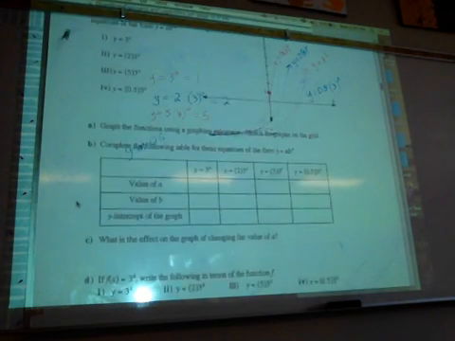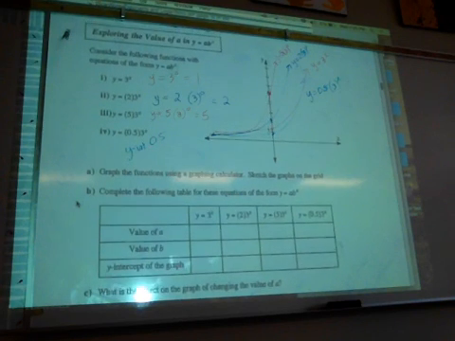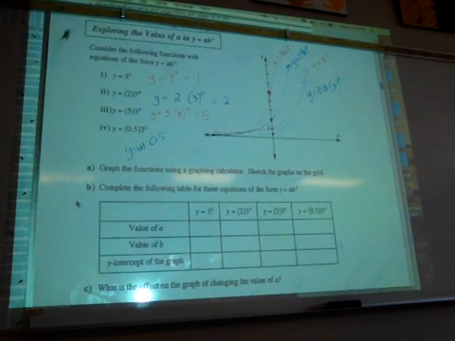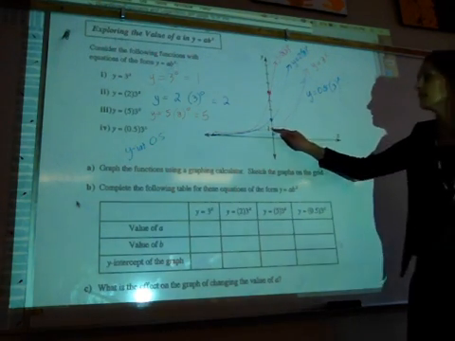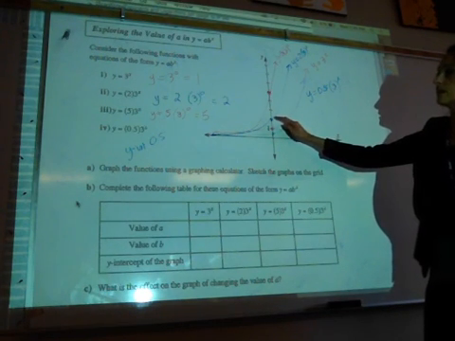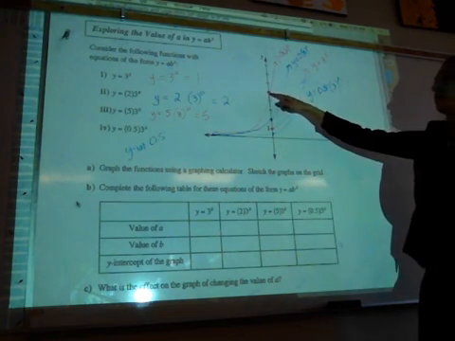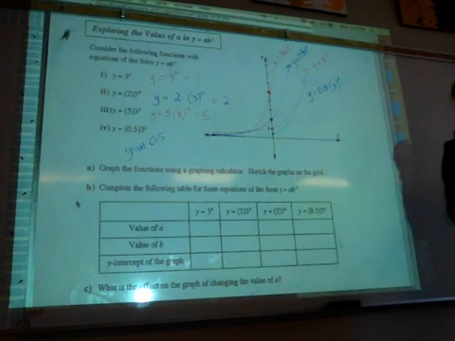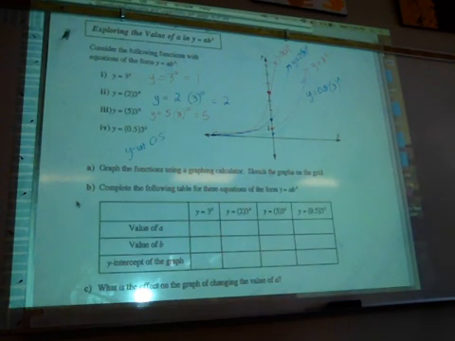I'll just put you back here. The original graph was going through y equals 1. Let's just look at y equals 5 times 3 to the power of x. What's happened to the y coordinate? It's multiplied by 5. So could we say that it's a vertical stretch? Absolutely.